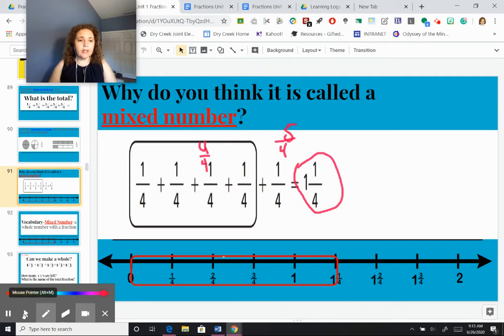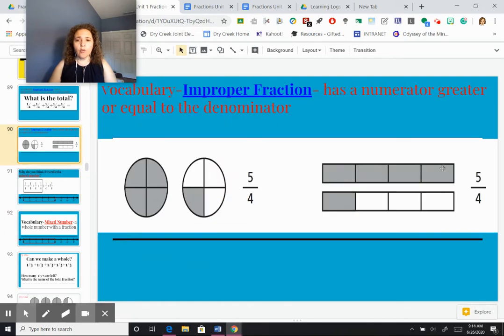There's my 4 out of 4, and that's 4 out of 4 plus my 1/4, which gives me my 5/4. So just another way to look at it, okay?